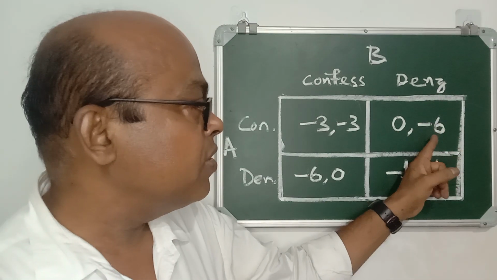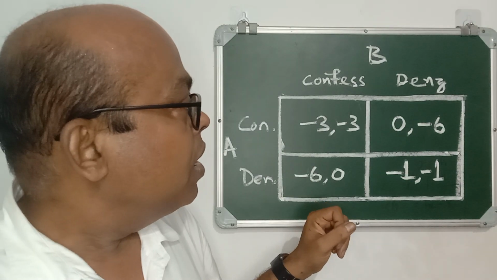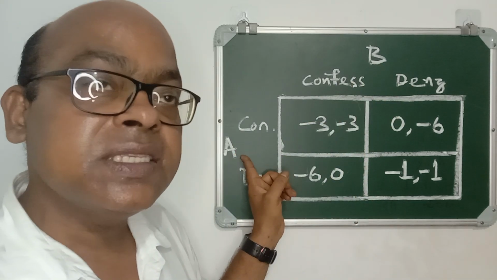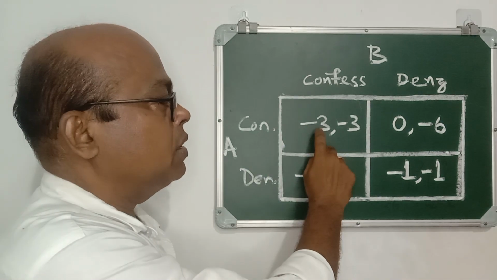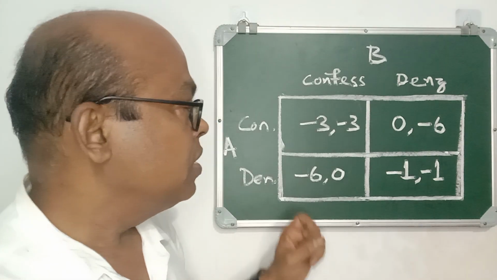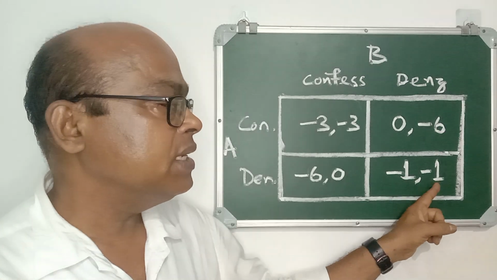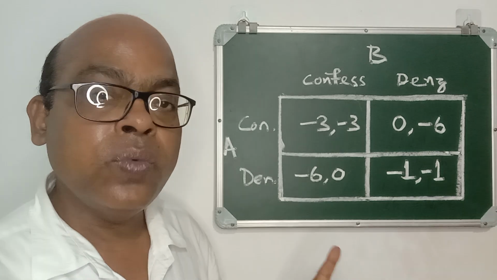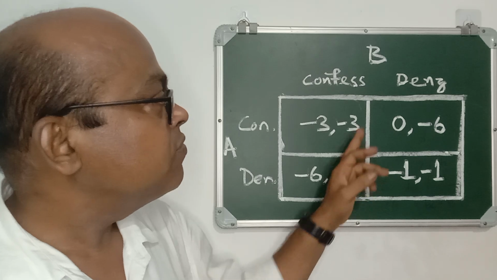Here a negative sign means going to jail. Similarly, if both players confess the crime, then both will get a 3 month prison term. If both deny, they will get 1 month of jail. So this is the payoff matrix for both prisoners.